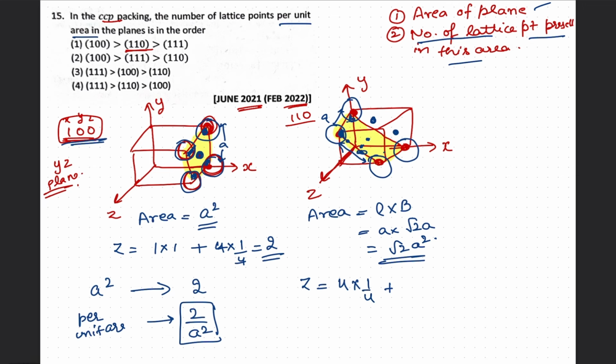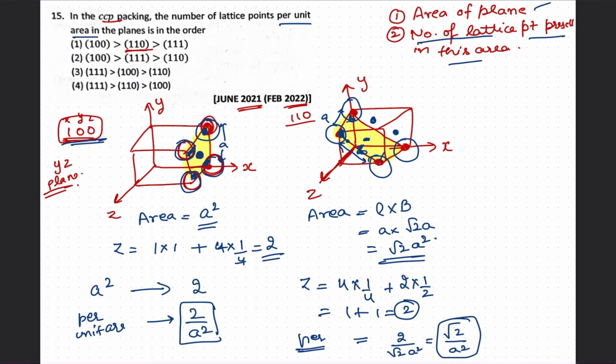Now in this plane there are only 2 face center atoms, so 2 into half, okay, so 1 plus 1, 2. So here the number per unit area is 2 divided by root 2 a square, or we can write 2 by root 2 a square, okay?